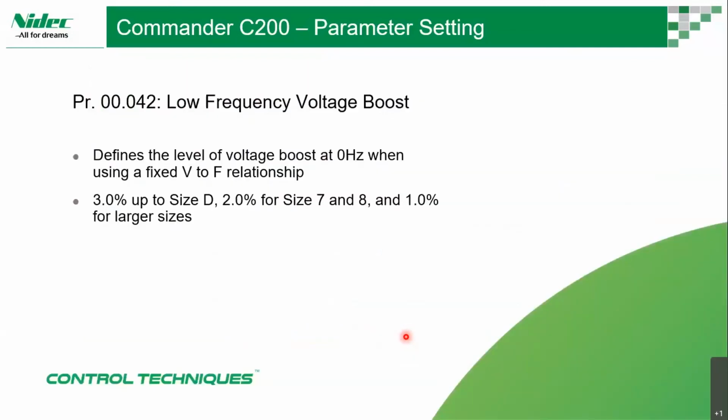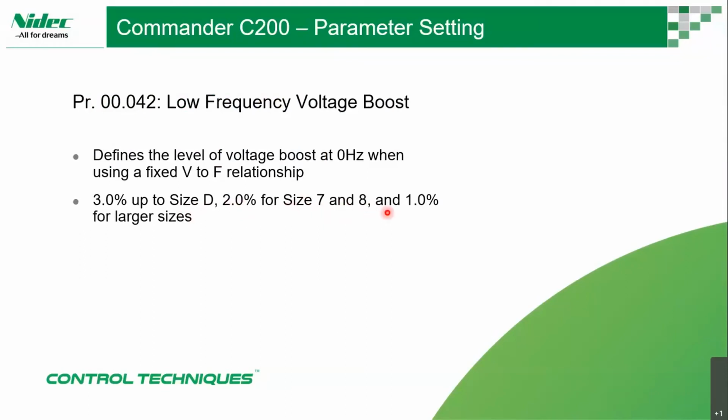Dynamic VF is related to this parameter. If the condition is low frequency, we have the voltage boost here. For the level that we use, for frame size D, we can use 3%. From frame size 7 and 8, we can use 2%.